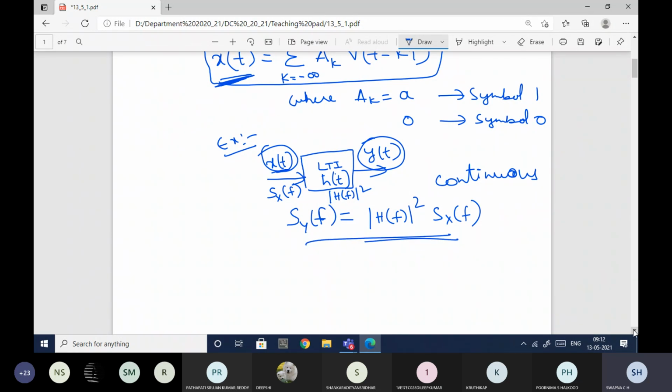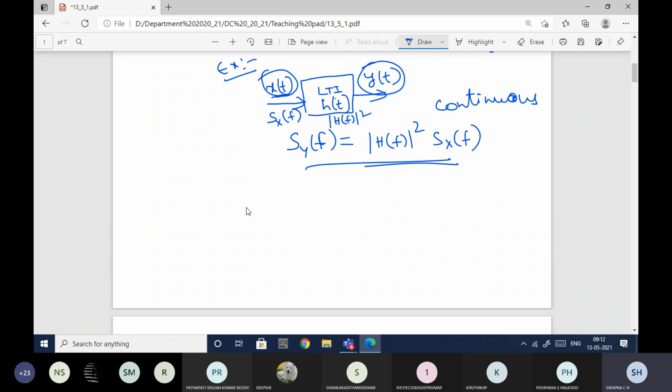But here I have a discrete or digital system. So AK will be the input, and this will be given to V of t, the system with function V of t, and I have to get x of t. So here I need to find Sx of f.